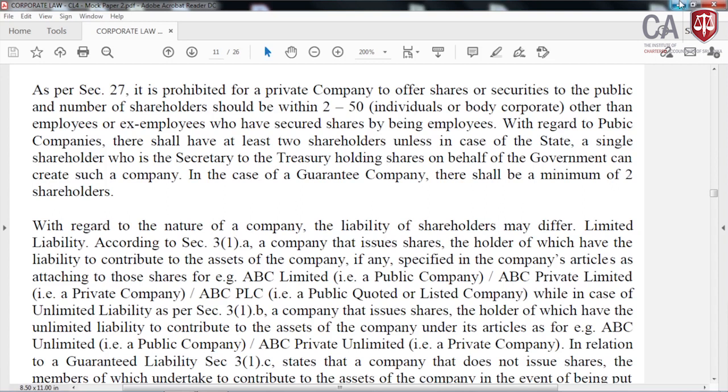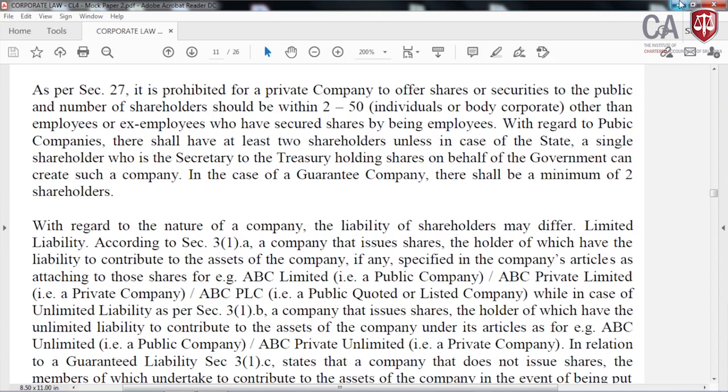Now, with regard to public companies, they shall have at least 2 shareholders, unless in case of a state. If a state is going to create a public company, then the minimum requirement of 2 shareholders can be replaced by a single shareholder, and this single shareholder, who is the secretary to the treasury holding shares on behalf of the government, can create such a company.